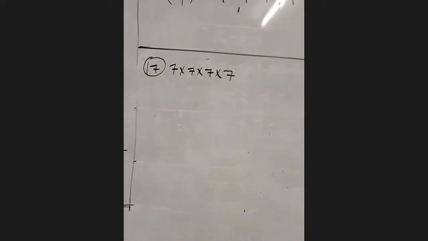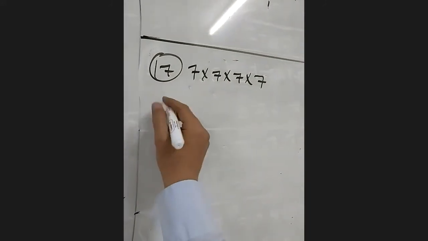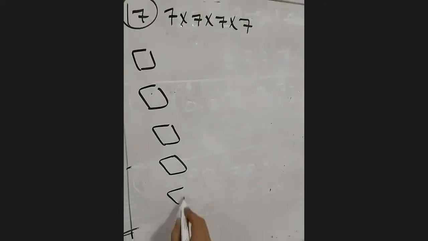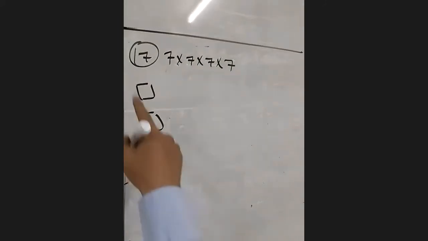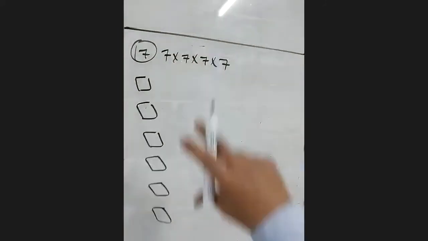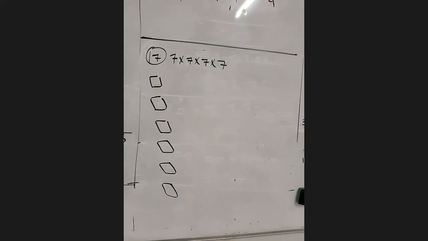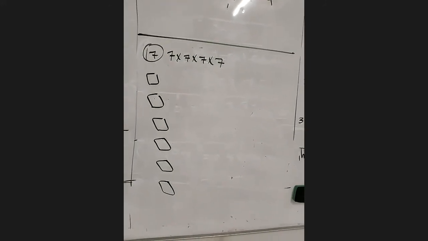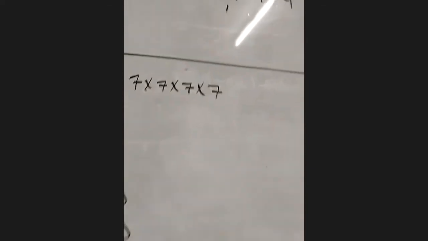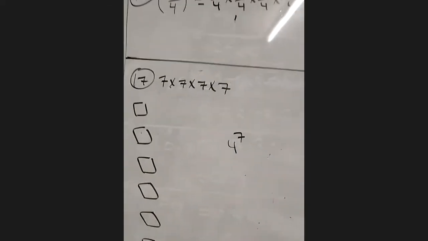Select all expressions that are equivalent to 7·7·7·7. Now we have choices, right? We have 6 choices. Can you tell me which choices are equivalent to this one? 4 to the power 7.